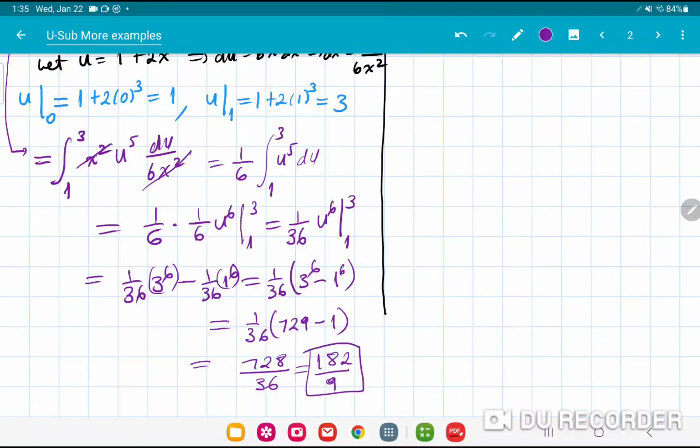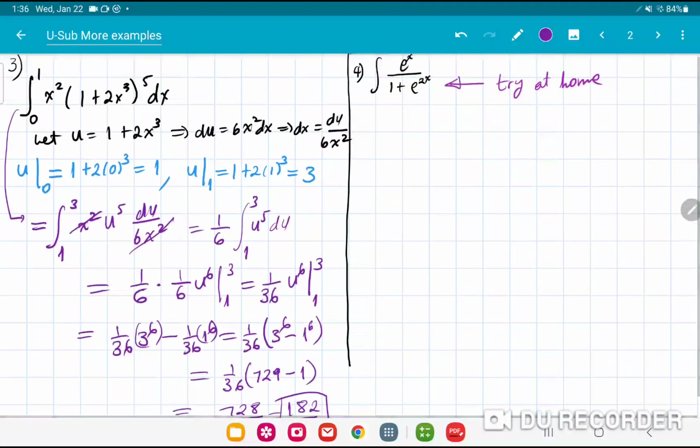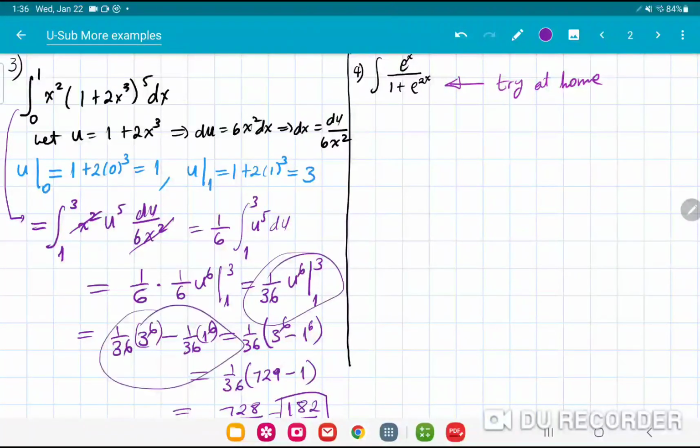Okay, so the purpose of this example is just to give you one more example of this definite integral. When you have a definite integral, evaluate the u values, put the corresponding u values on the limits, and you don't have to get back to x's, just evaluate at those u values, like the limits.